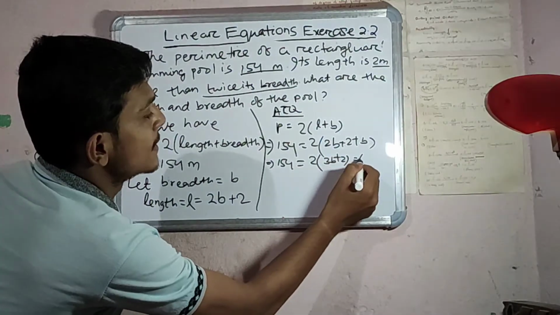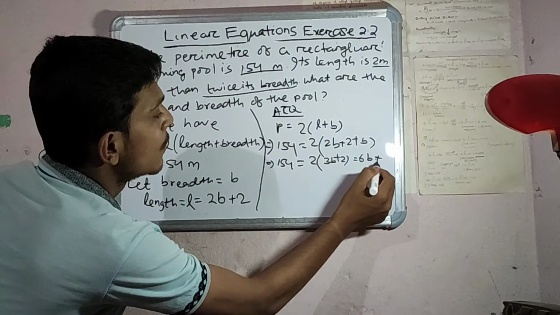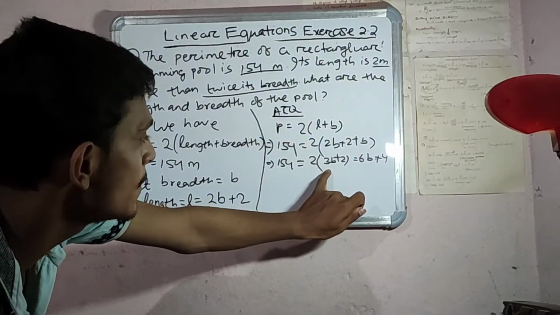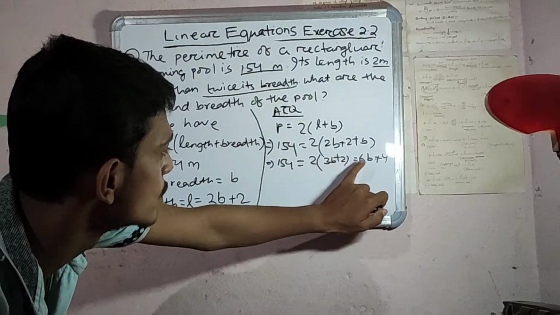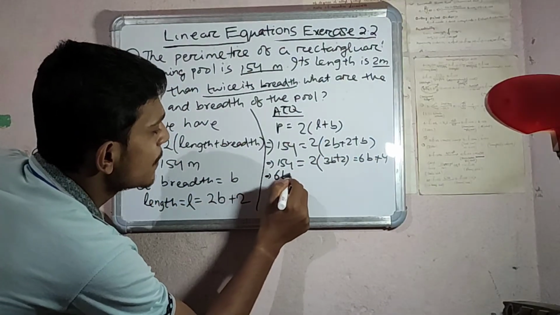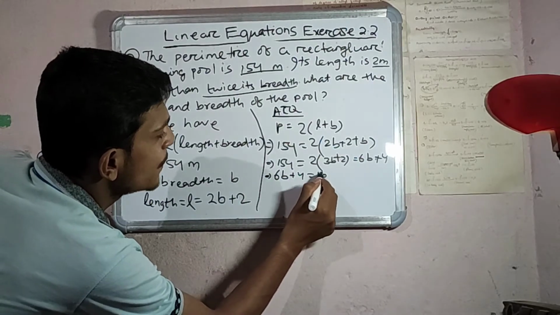Okay, that is 6B and 4 by the distributive property. 2 is multiplied with 3B and 2 is multiplied with 2, that is 4. 6B plus 4. So 6B plus 4 is equal to 154.